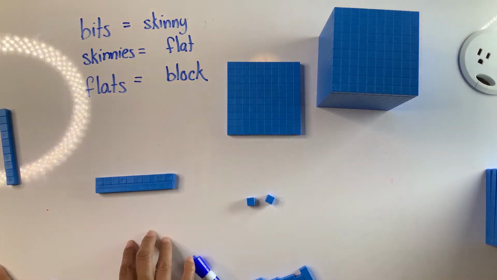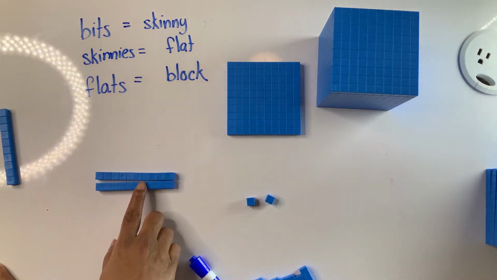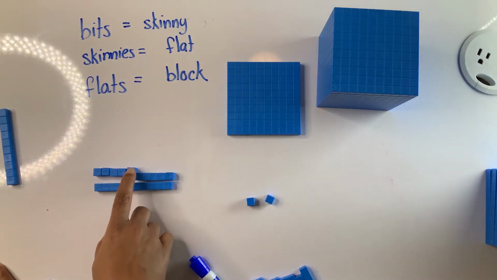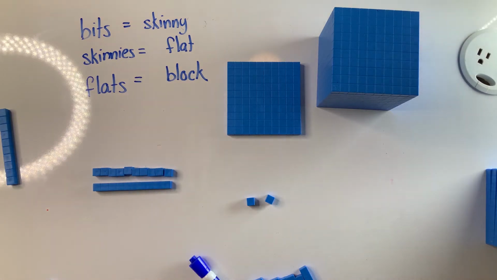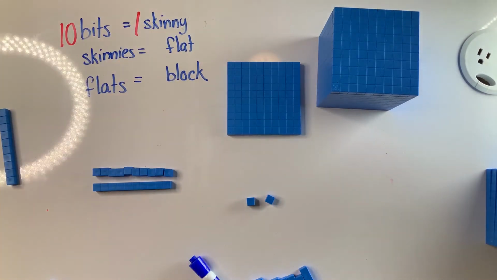You see how they have the same space and size, they take up the same area and the same volume. So it takes 10 of these, 1, 2, 3, 4, 5, 6, 7, 8, 9, 10, just to make one of these. So we're going to write that down. It takes 10 just to make one.